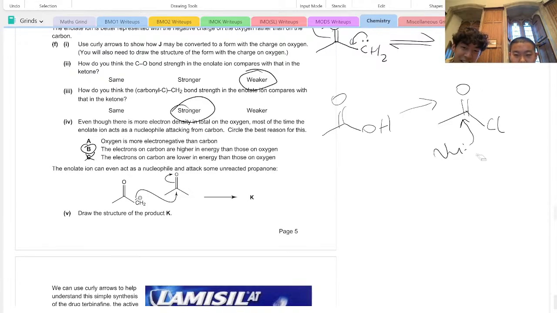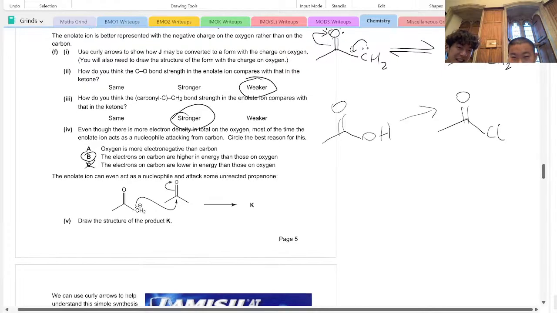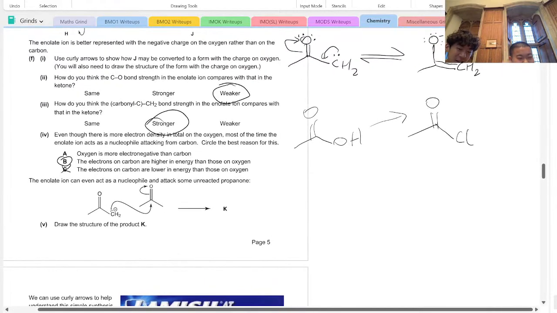So you would expect the bond to be weaker than in the carboxylic acid, but it's actually stronger. The CO double bond is stronger than the double bond in the carboxylic acid. Can you draw a resonance mechanism to explain why it's stronger? Come on.